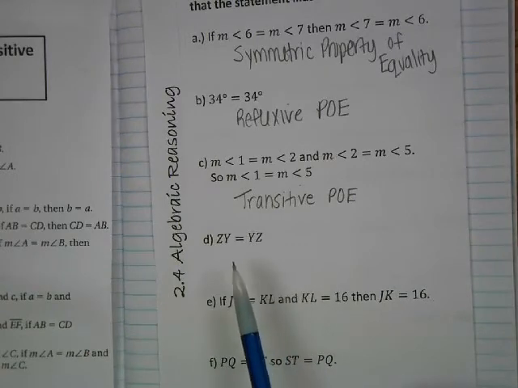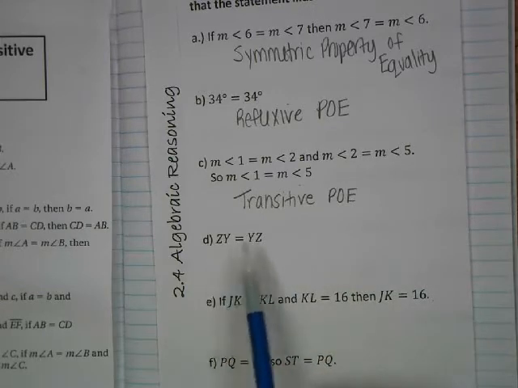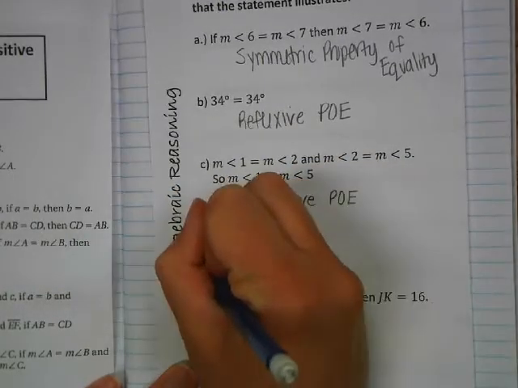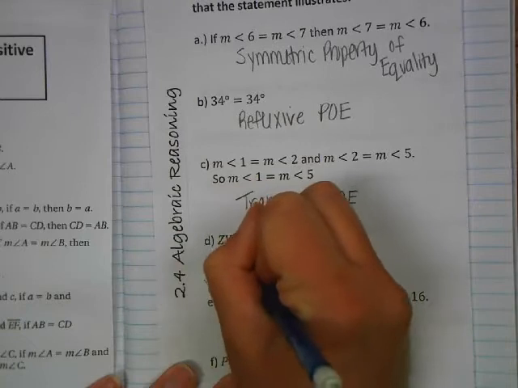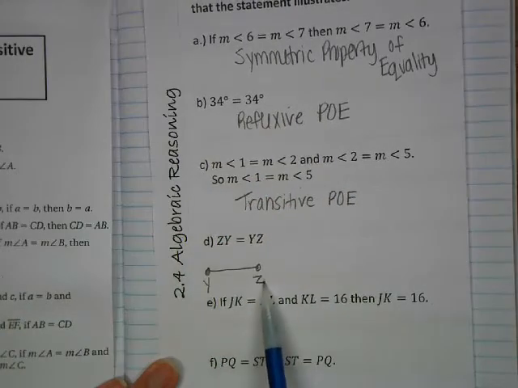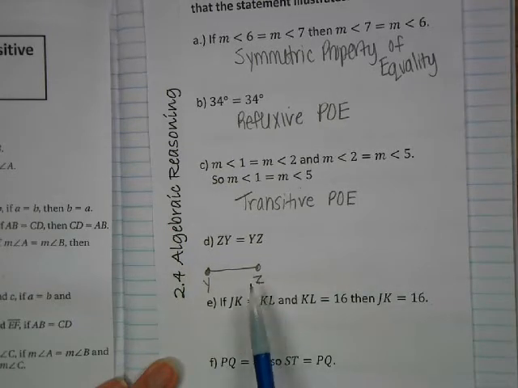D, segment ZY and segment YZ are the same. They're equal segments. So remember, we learned that you can name a segment using any 2 points on the line. So if this is your segment with endpoints Y and Z, you could either call it segment YZ or segment ZY.